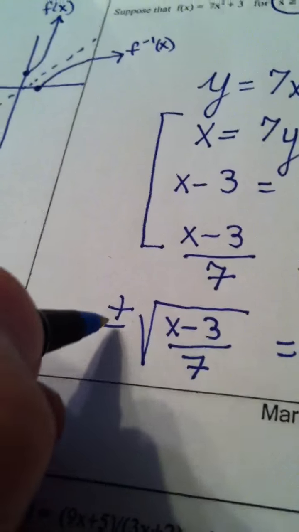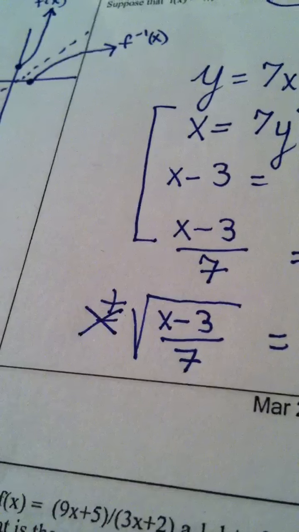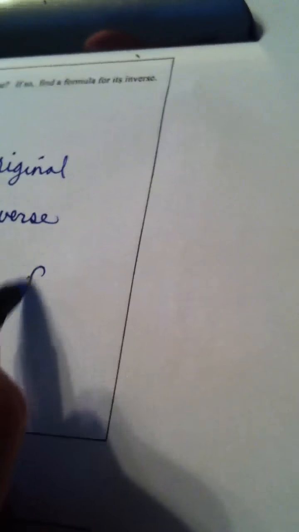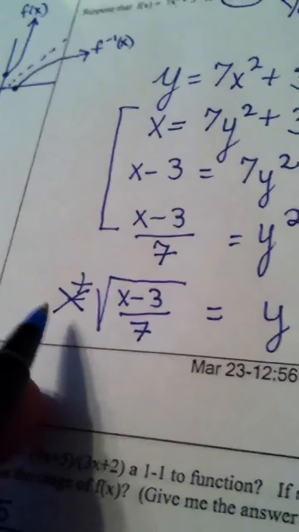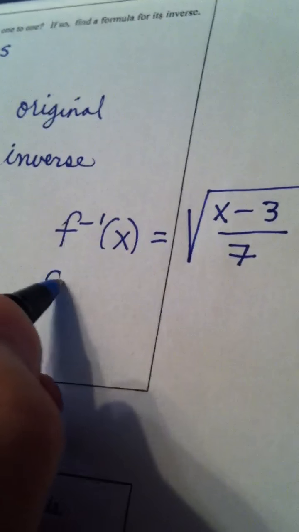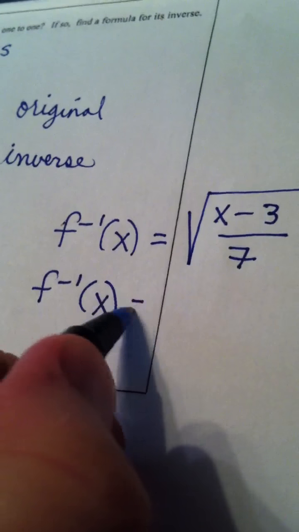So for that reason, we ignore the negative. So far we've come up with this answer. F inverse of x is equal to, ignore the negative, so it would be the square root of x minus 3 over 7.